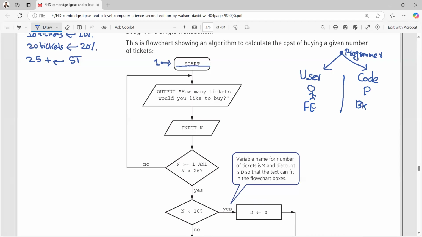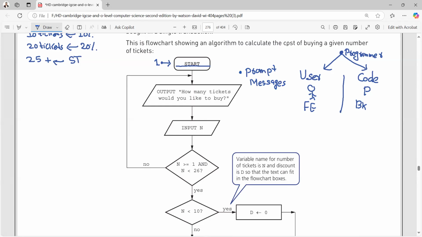Now, whenever you are working with any algorithm or any possible pseudocode, the first thing you need to do is make use of suitable prompt messages. What are these suitable prompt messages?